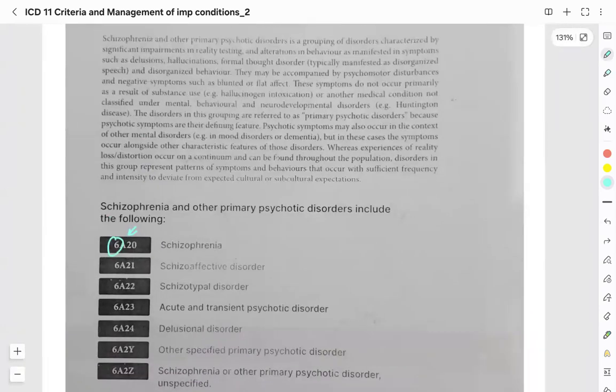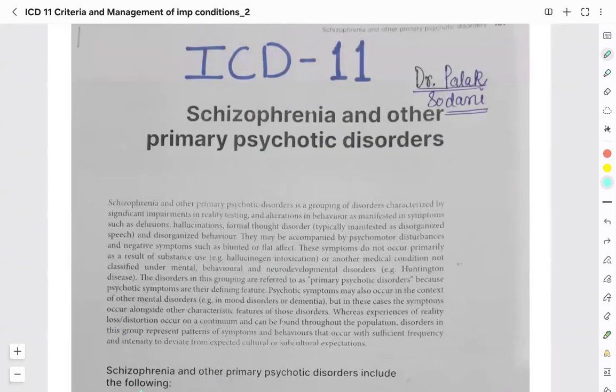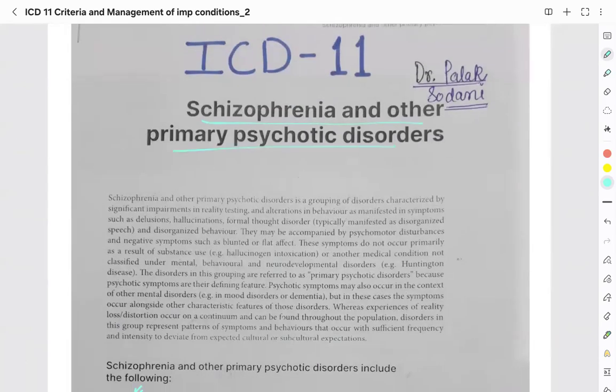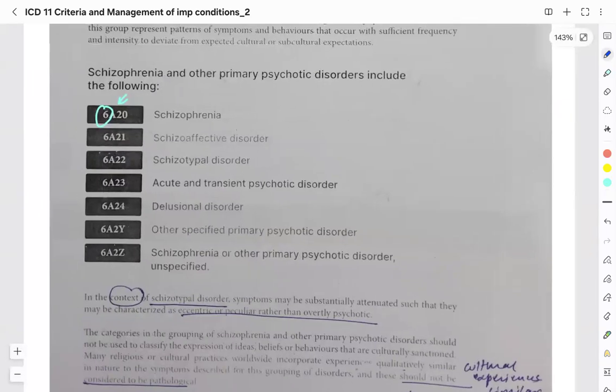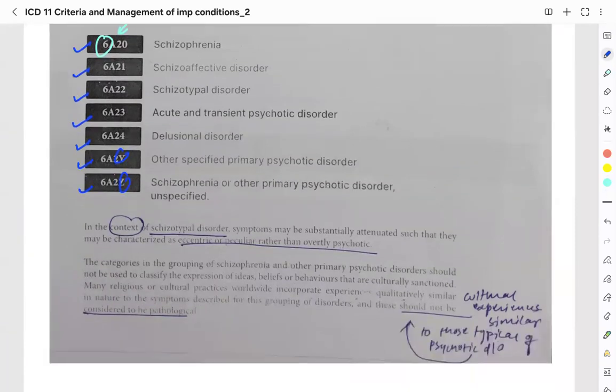Schizophrenia comes under schizophrenia and other primary psychotic disorders. We have here the following: schizophrenia, schizoaffective disorder, schizotypal disorder, acute and transient psychotic disorder, delusional disorder, and 2Y and 2Z.